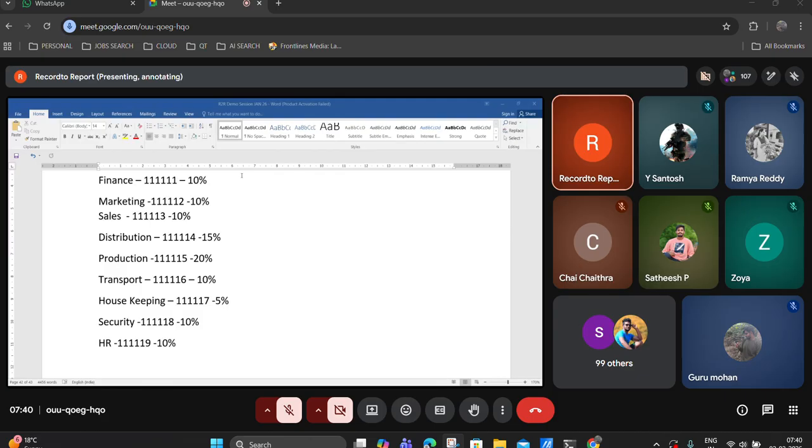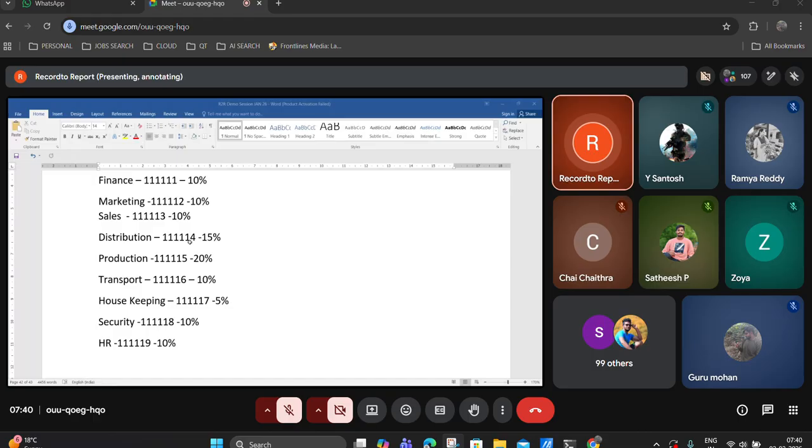And the next is cost center or profit center. Then debit amount, credit amount. Okay.